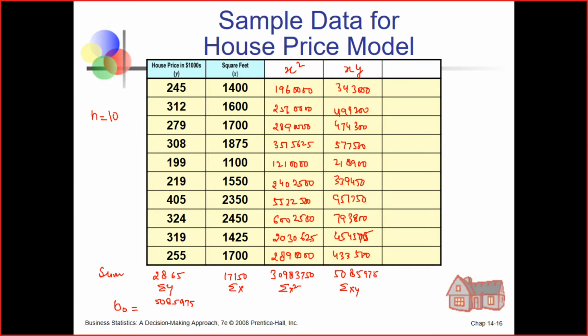This is sigma xy minus sigma y, sigma x, you can write in any order, 17150 divided by 10, whole divided by, make sure you understand the values here, this value sigma x square 30983750 minus sigma x square, that is 17150 whole square divided by 10. So we'll calculate it and let's see what value comes.